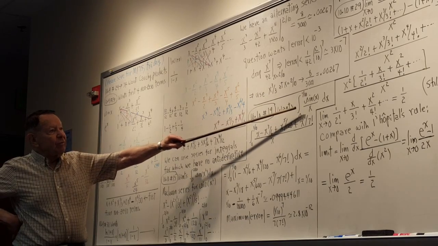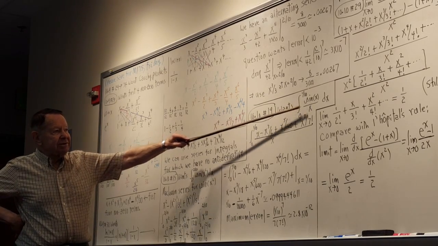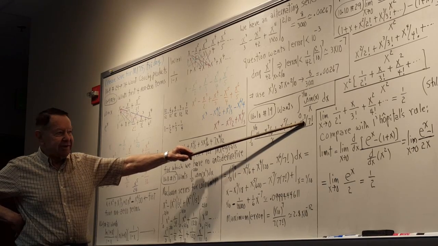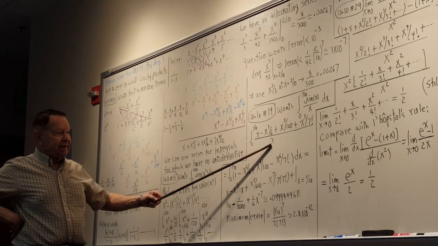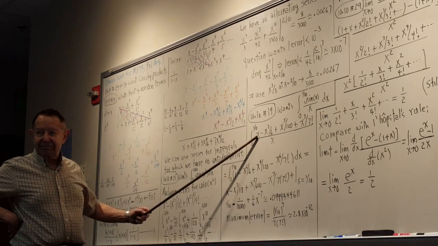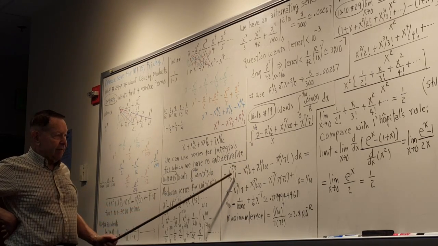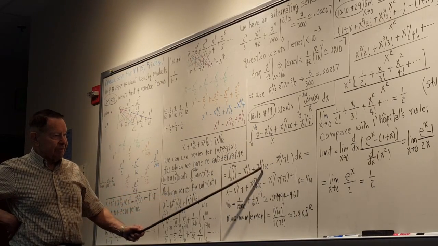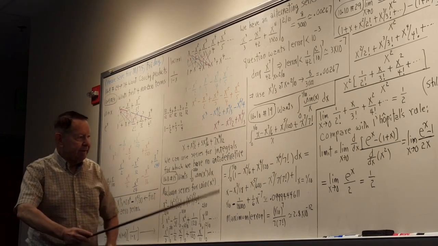So what you could do is take your Maclaurin series for sine, as many terms as you think you'd need, and divide by x. Then you still are integrating polynomials. So you're integrating 1, then x squared over 6, and x fourth over 120, and so on.